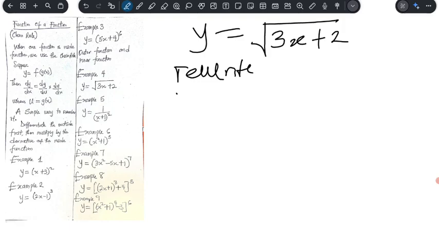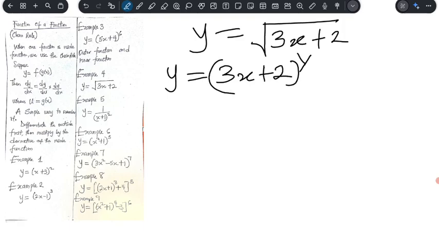When you rewrite, we have y is equal to (3x + 2) all raised to power half. So let's differentiate.